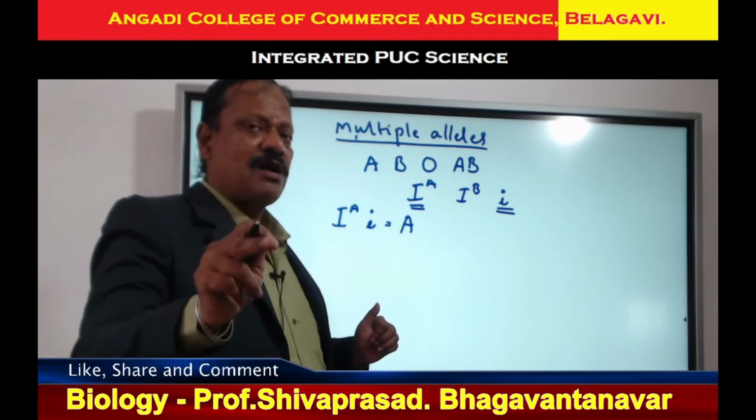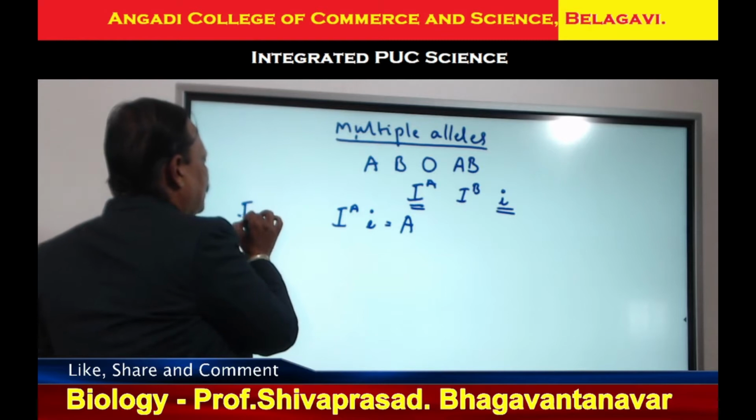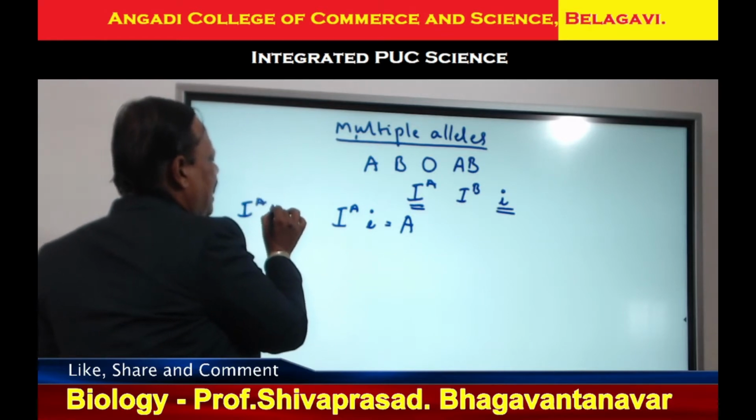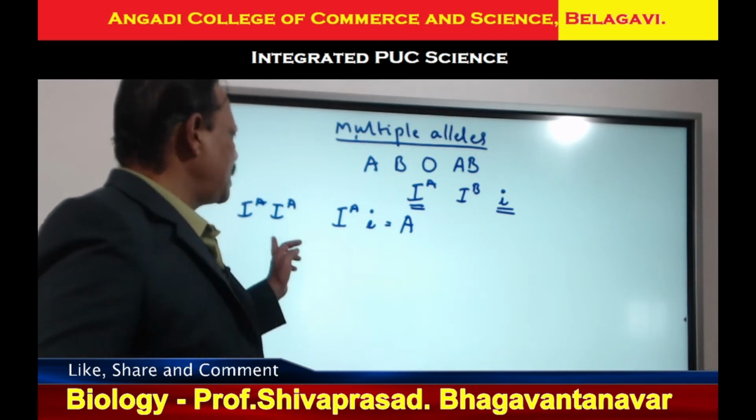And if you are observing the homozygous condition, IA and IA, they make blood group A.